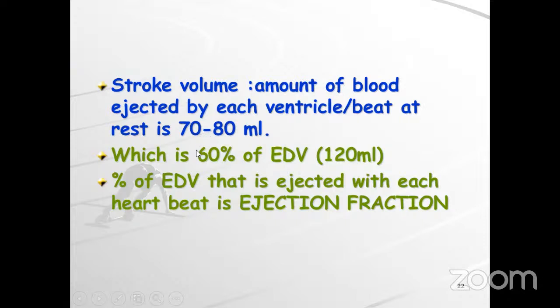How much blood is present in the ventricle at the end of diastole is known as the end diastolic volume, which is around 120 ml. The ejection fraction is the percentage of end diastolic volume that is ejected with each heartbeat.